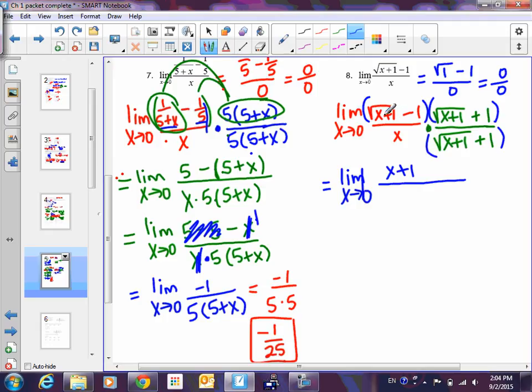Then I'm going to multiply square root of x plus 1 times regular 1. Then I'm going to multiply negative 1 times square root of x plus 1. And then negative 1 times 1 is negative 1. And again, I am just going to rewrite the denominator. Not going to do anything to it yet.